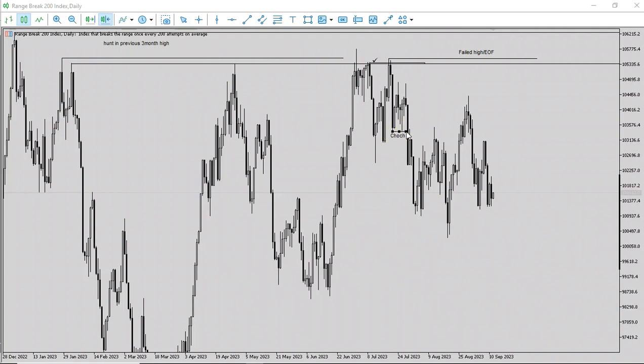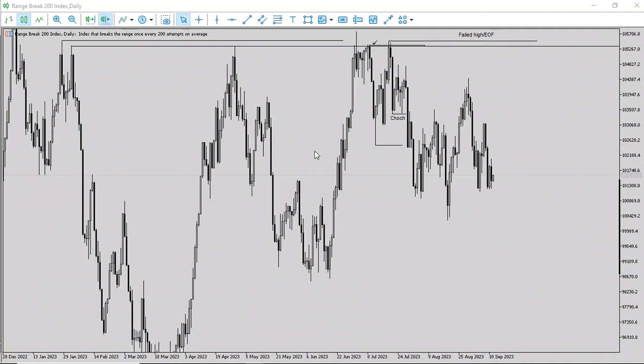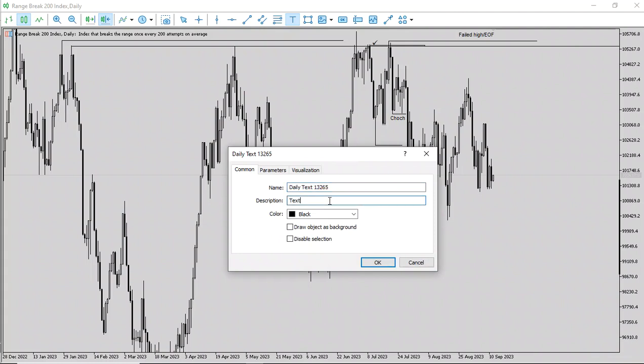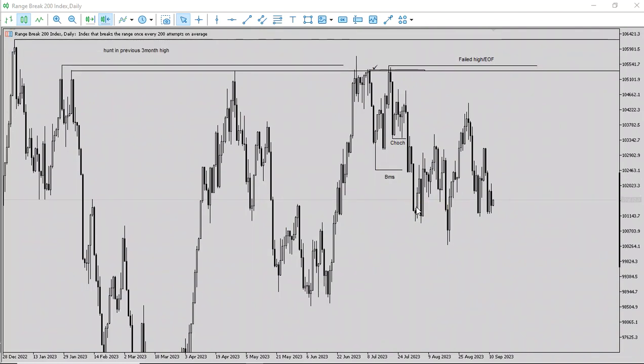Okay, and that is the change of character, and then the break of market structure, and that is what we have here. You can see the candlestick trading positively, breaking the low and closing far away from it before this candlestick again formed. So we're having a change of character, and then we are now having a break of market structure, the two confluence.